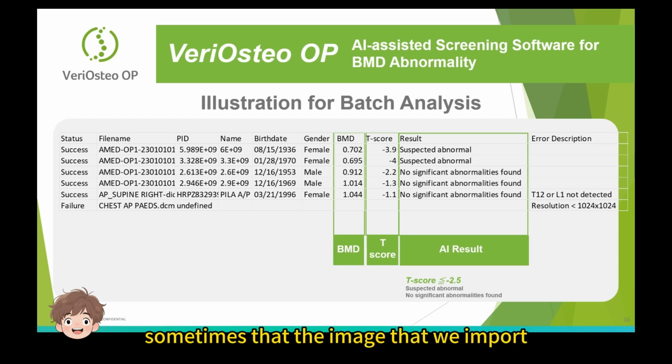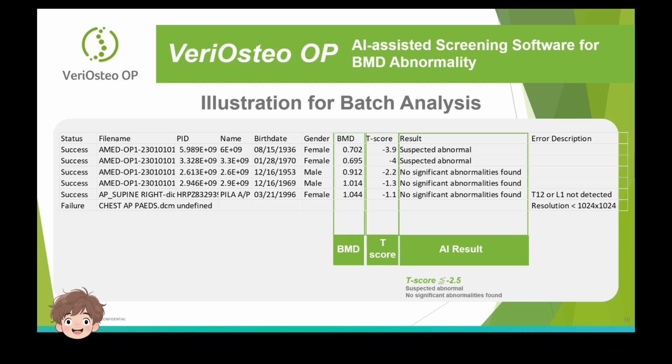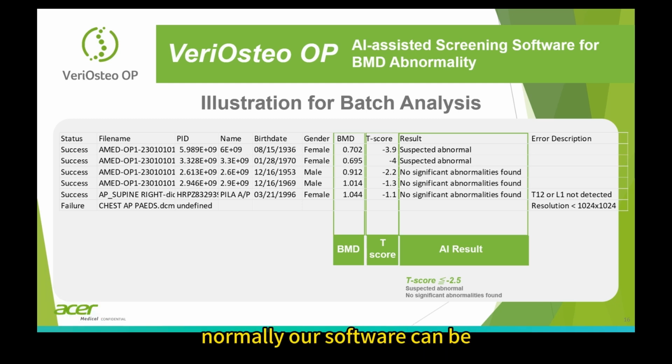This is because sometimes the image that we import may not have good resolution, or the image might be blurry, or the AI can't recognize it and it will not give you a test result, so it will come out as a failure. As long as your image is good and a normal chest X-ray view, normally our software can analyze it successfully.